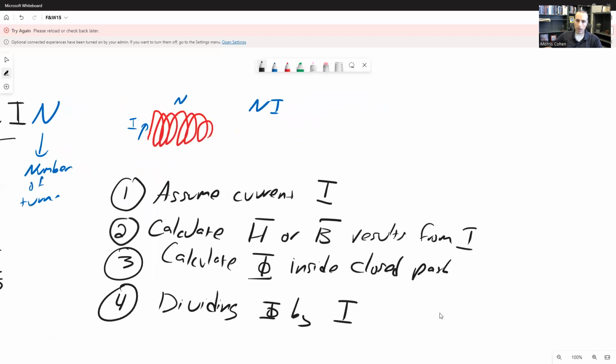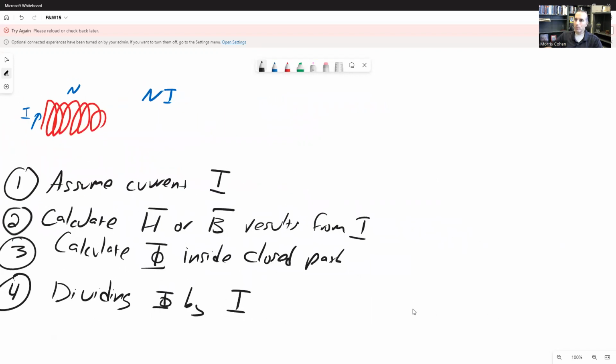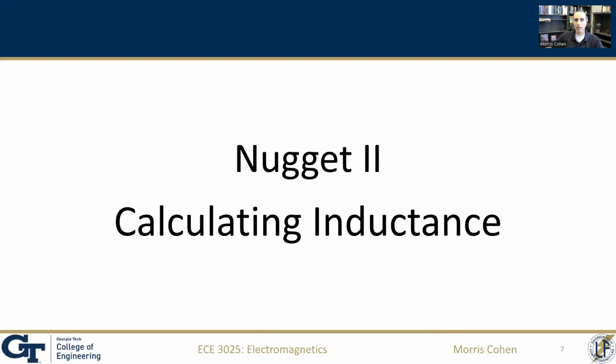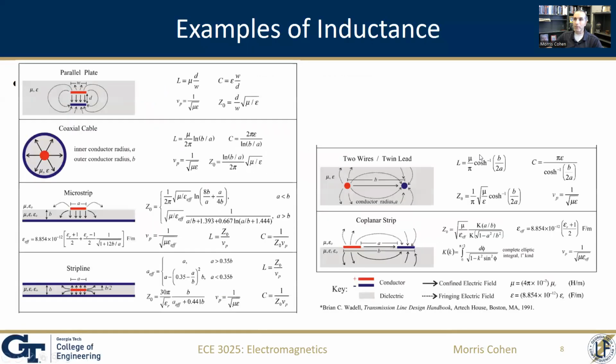All right, but of course, there's a very small number of problems for which you can actually solve this analytically. And some of these we've already seen, even though we didn't talk about how you get these answers, back when we were talking about transmission lines. For example, for a parallel plate, we can define the inductance as being mu, the permeability, times d over w.